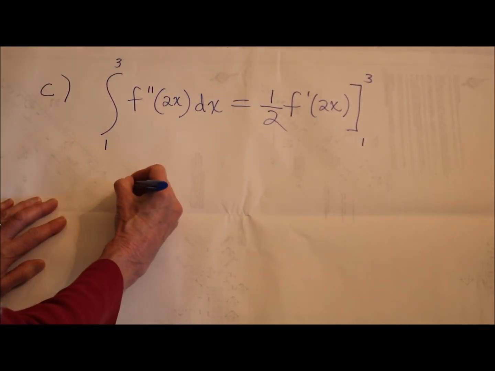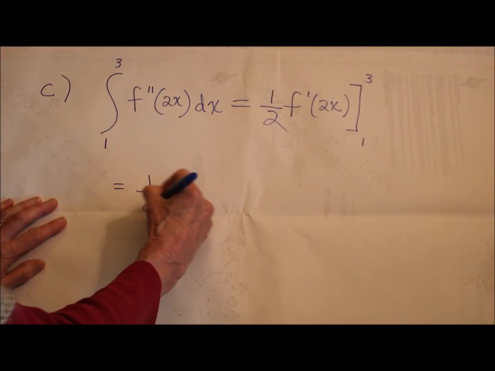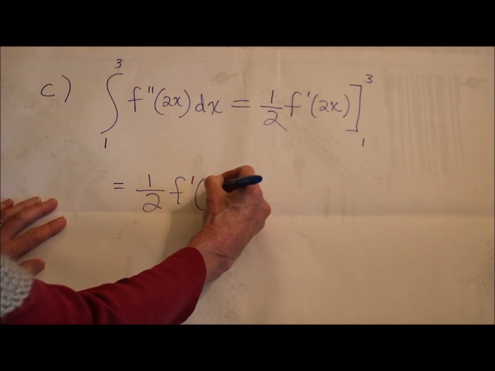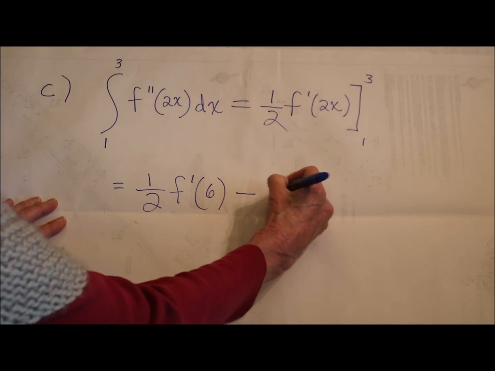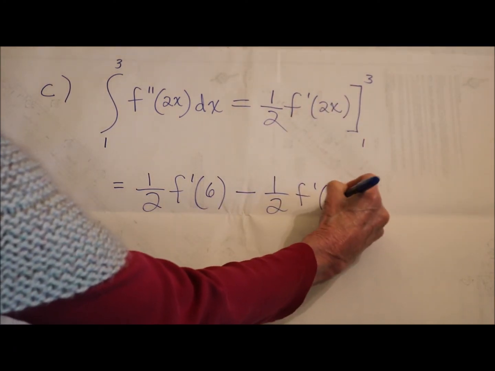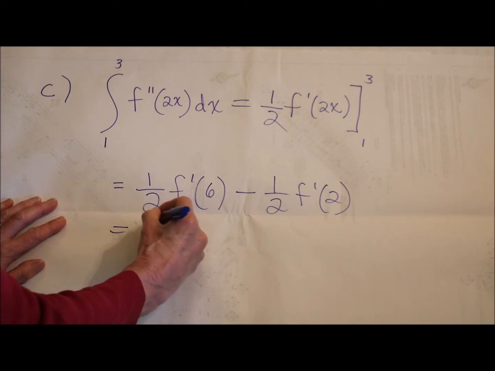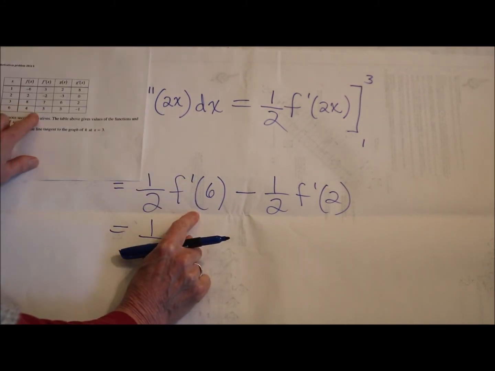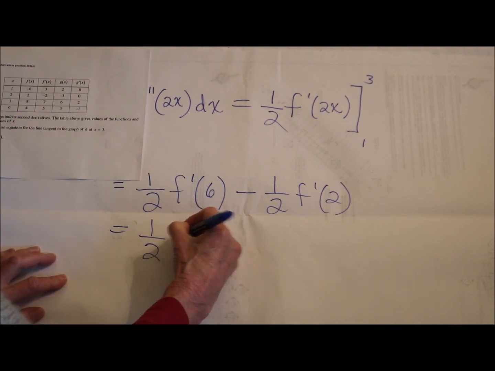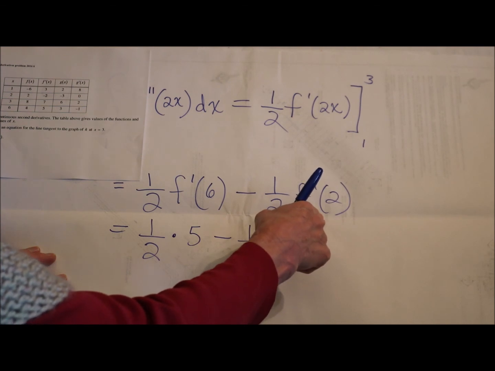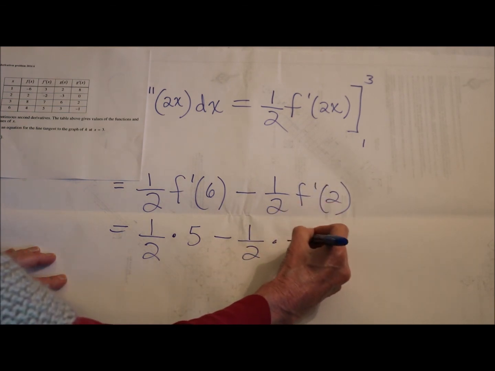Gosh, that wasn't as bad as we thought, maybe. So this is going to be 1/2 f prime of 2 times 3, or 6, minus 1/2 of f prime of 2 times 1, or 2. Again, table. f prime of 6 is 5. f prime of 2 is negative 2.